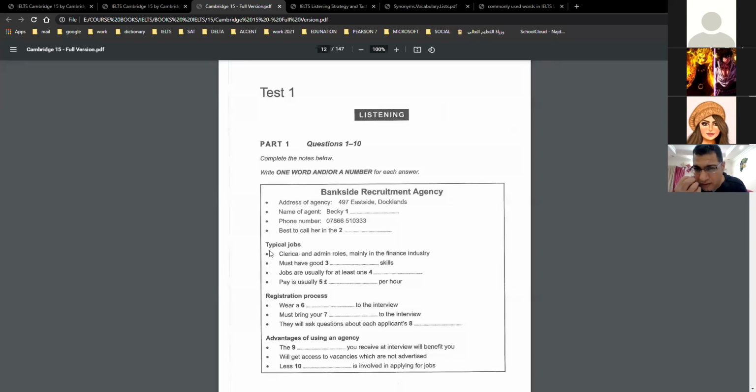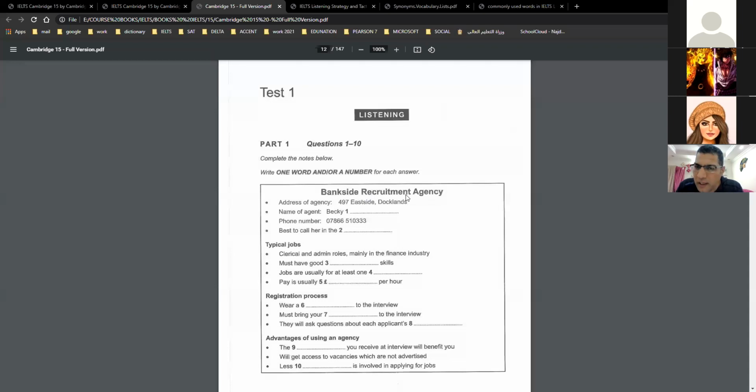You should understand the instructions carefully. If it says write one word and/or a number, it means you can write one word, it's okay. One number, it's okay. One word and a number together, it's okay. But if you write 2 words, your answer is wrong. Okay, let's move on.